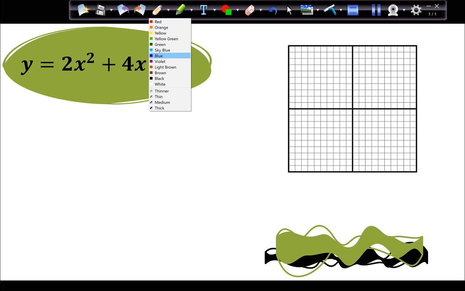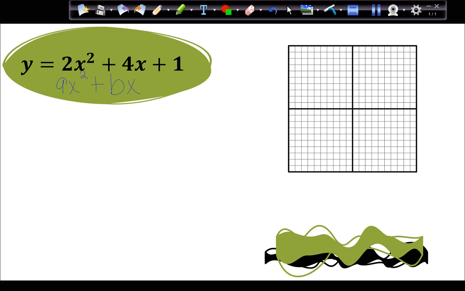Just a refresher, standard form for quadratics is ax squared plus bx plus c. This becomes really important later this week when we do the quadratic formula. So for this equation, my a value is 2, my b value is 4, and my c value is 1.